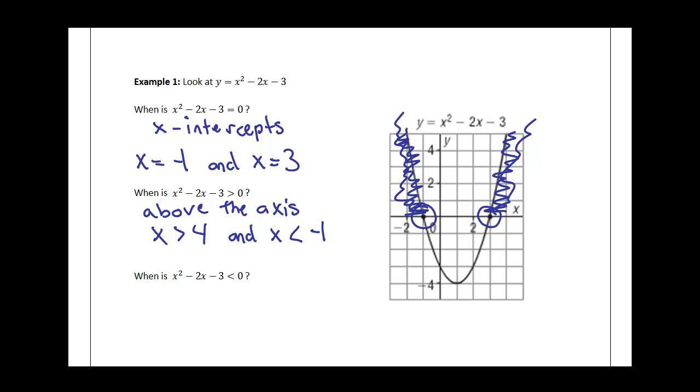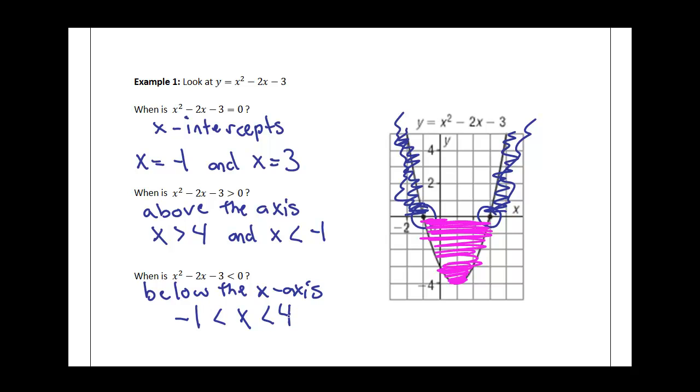Lastly, it's asking us when it is less than 0. So at this point we want to say when it's below the x-axis. So when the quadratic is less than 0, it is within these points here. That is when it's being displayed less than 0, below our x-axis. So we can say that our quadratic is less than 0 when it is between -1 and +4 in this case.